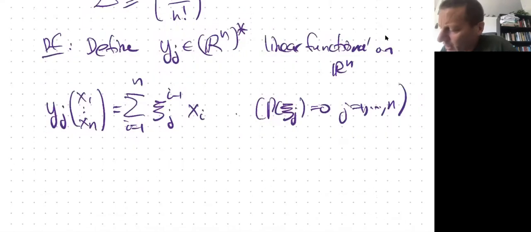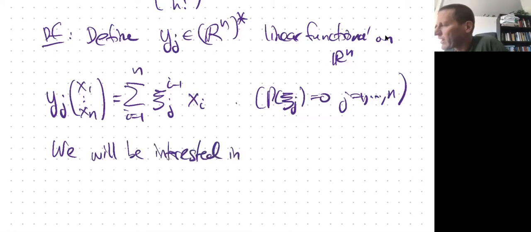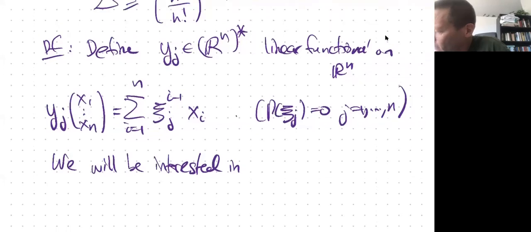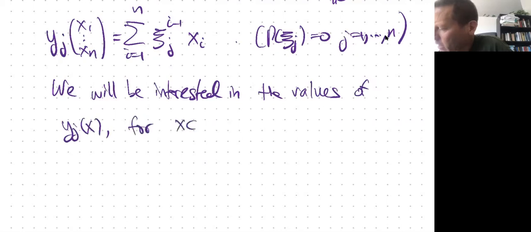And we're going to be interested in the values that the yj's take on elements of Zn, on integer inputs.